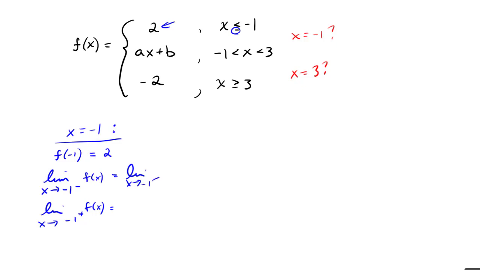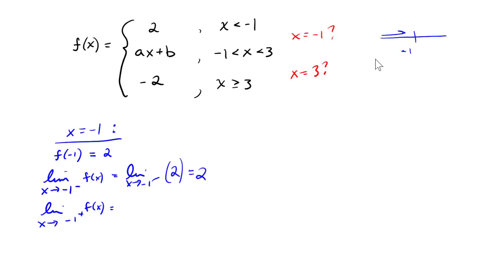If I'm on the left of -1, I'm less than -1, in this region here, so the function just looks like 2. And the limit as x approaches -1 from the left of 2 is 2.